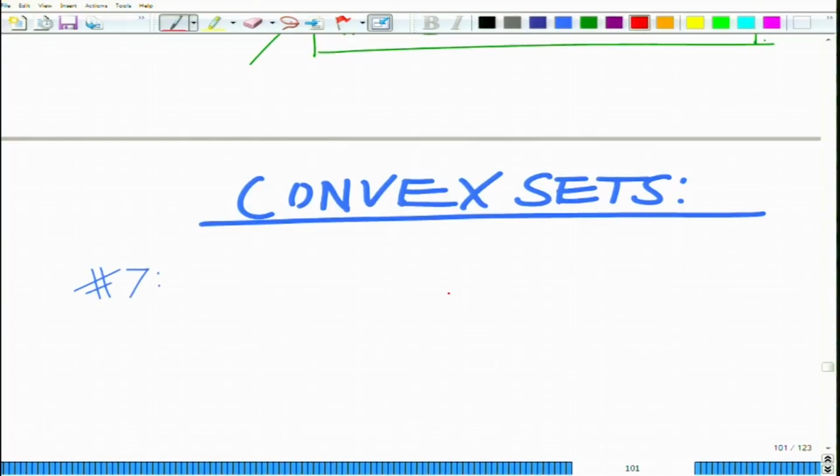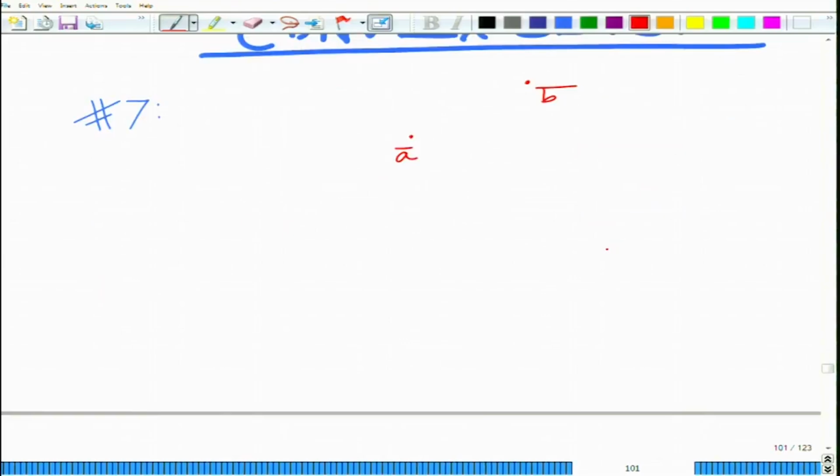Let us consider 2 vectors, or 2 points in n dimensional space, denoted by the vectors a bar and b bar.